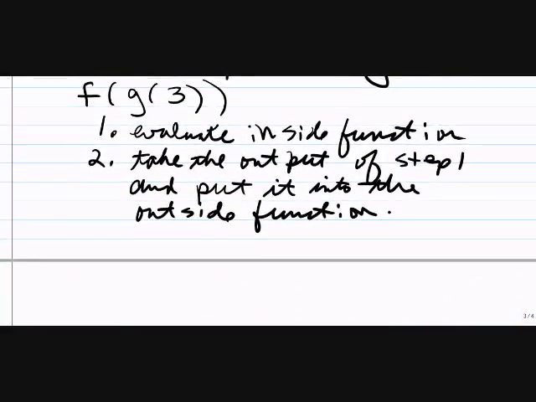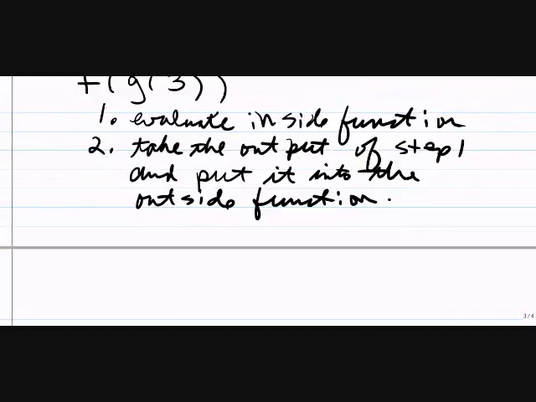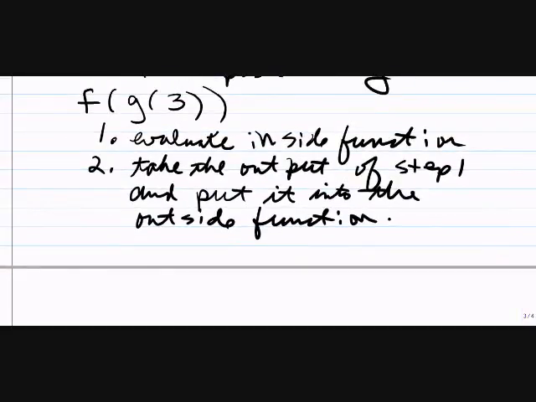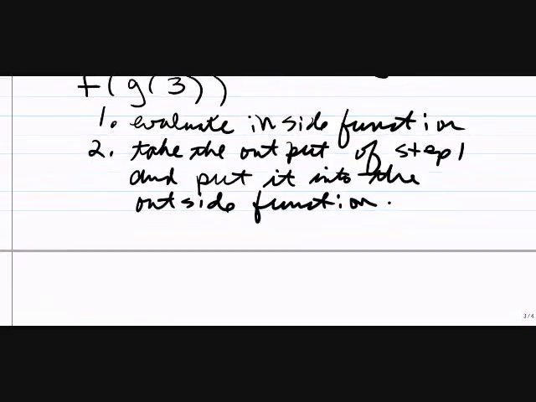Alright. So f of g of 3. First thing I do is evaluate g of 3. G was x squared. G of 3 is 3 squared. That's 9. That's step 1. Now that I have the g of 3, I put that into the f function.